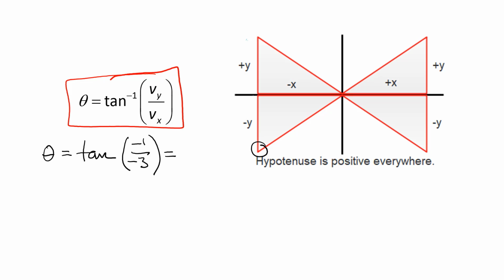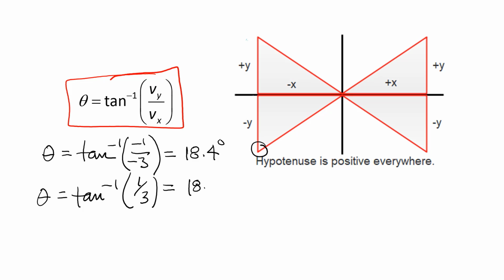What you're going to get is 18.4 degrees. Okay? So if you take the inverse tan of 1 over 3, you're going to get 18.4 degrees again.